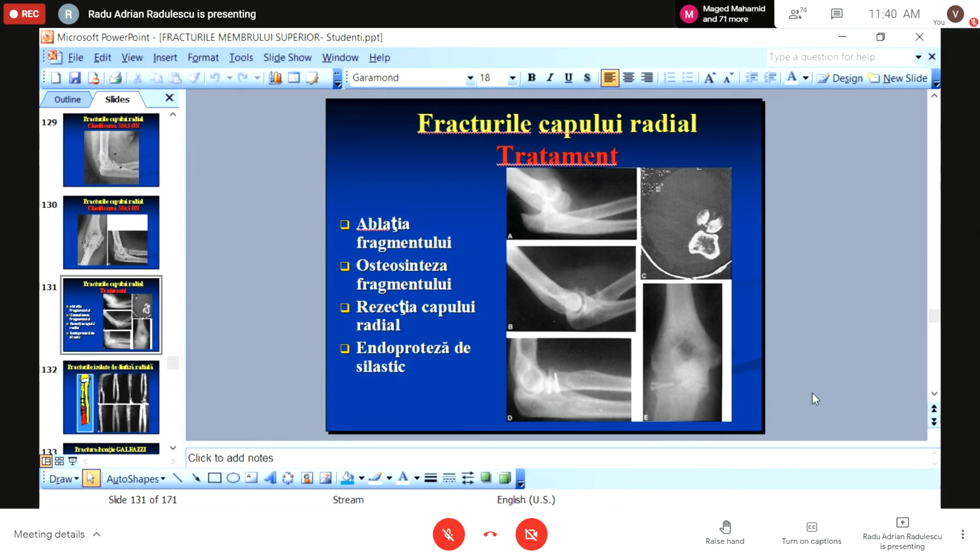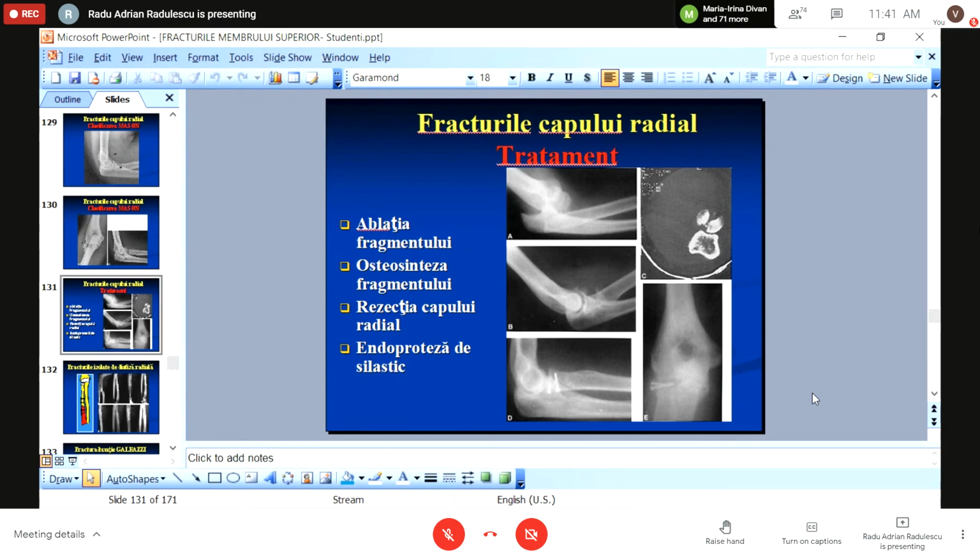In type 3 Mason fractures, the comminuted fractures, we usually have very many fragments, and even if we try hard to restore the shape of the articular surface, we will be unable to do it. So in this situation, we need to resect the radial head.